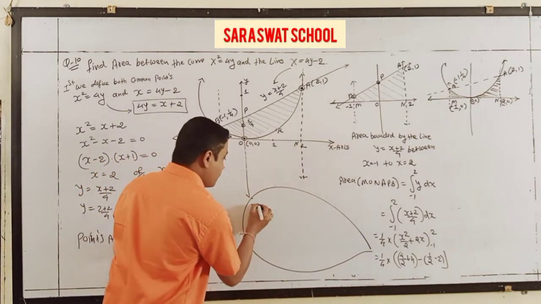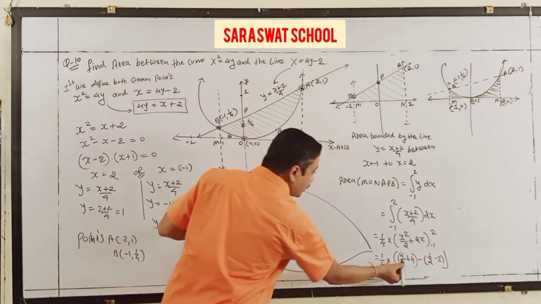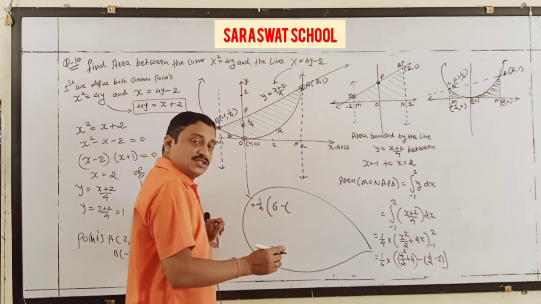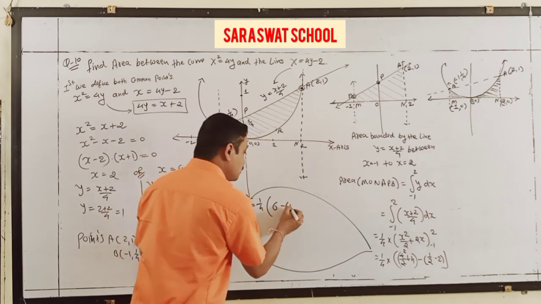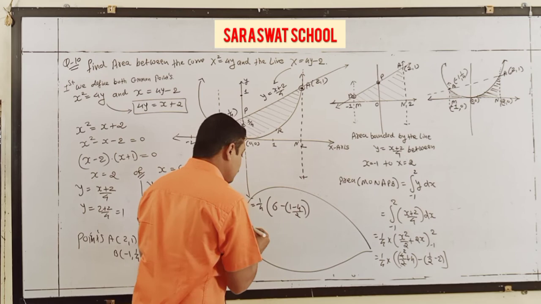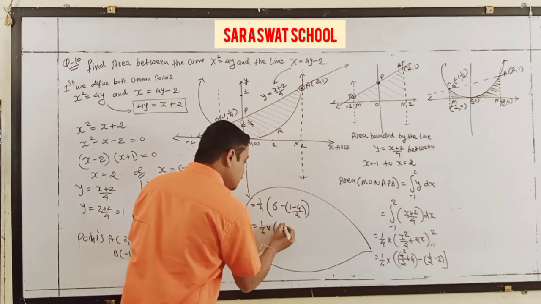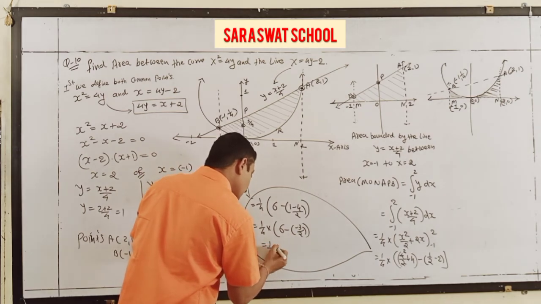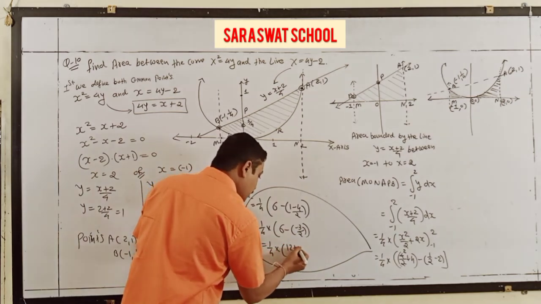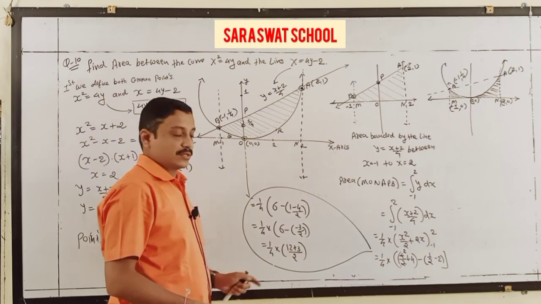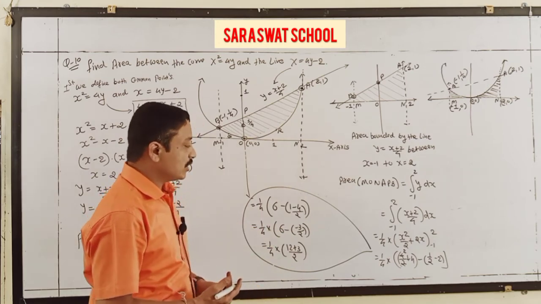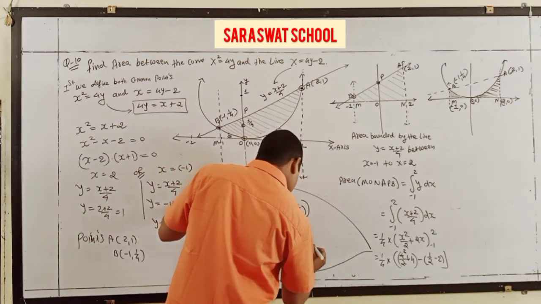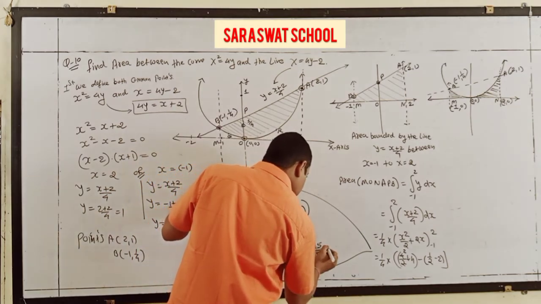So 1/4 the same, here 2 to cancel, 4 and 2 is 6, minus (1 - 4)/2, so finally you get 1/4 of (6 - (-3/2)), which is 1/4 of (12 + 3)/2. Correct? So finally you are getting, students, 15/8 square units.